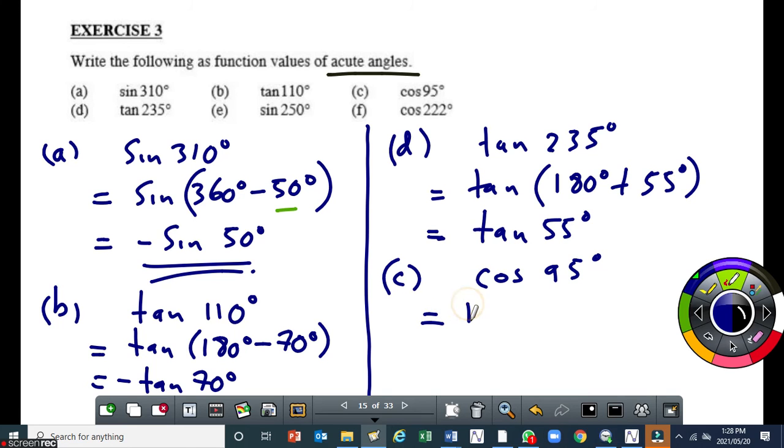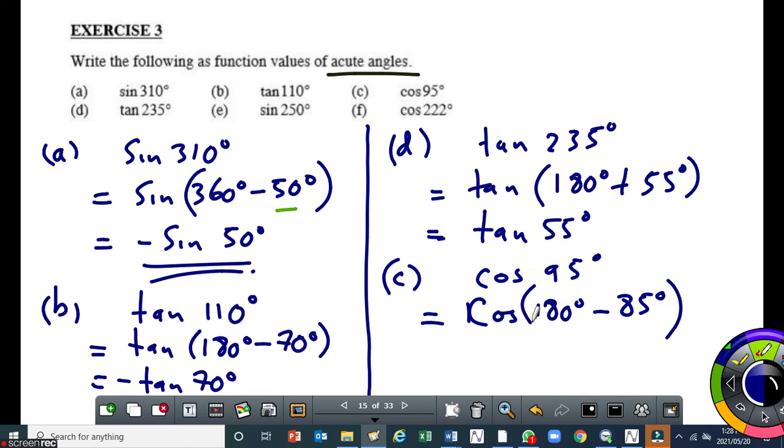So this becomes cos of 180 degrees minus 85 degrees, and that's going to be equal to negative cos 85 degrees. That's how you do it. Which angle can you subtract from 180 to get to 95? It's 85 degrees.